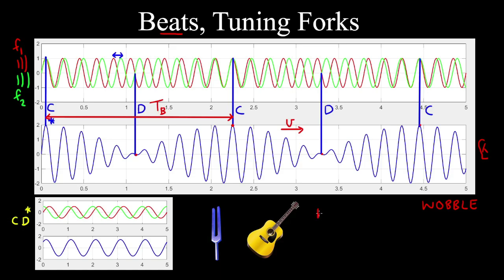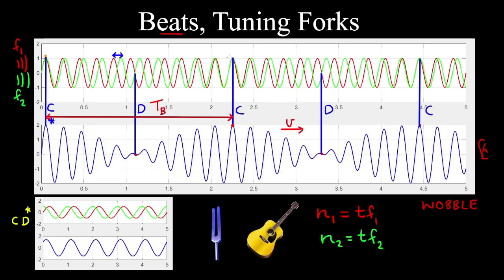Now the number of cycles completed by the red wave after a particular time t is the time t multiplied by the number of cycles per second, which is the frequency. And similarly for the green wave, the number of cycles completed after time t is the time t multiplied by the frequency of the second wave.